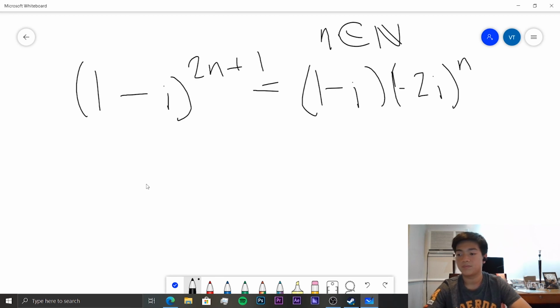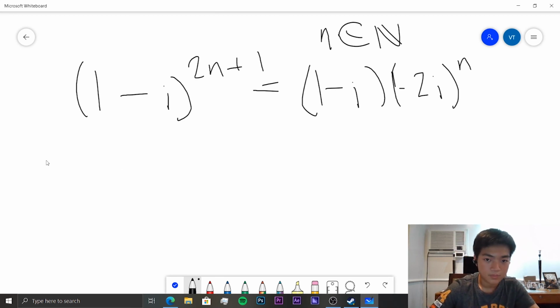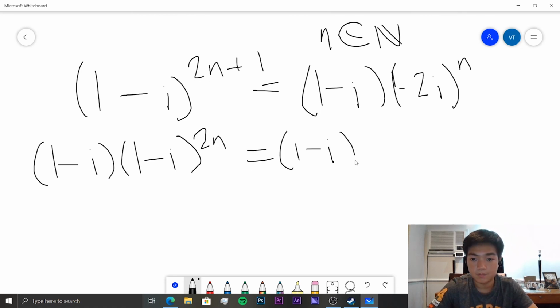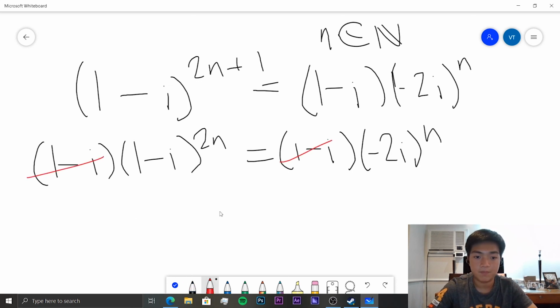Well, we know this is equal to (1 minus i) times (1 minus i) to the 2n. So we can simply cancel these out. So this would cancel out. So we're left with (1 minus i) to the 2n is equal to (-2i) to the n.